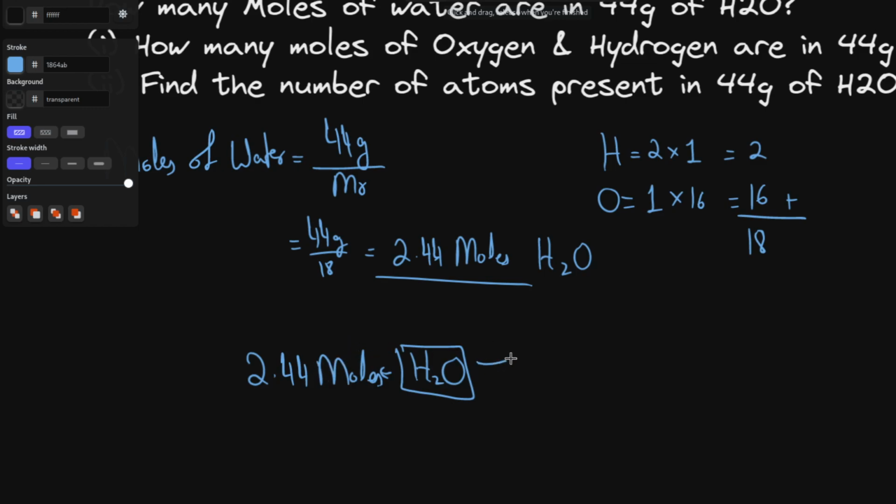So if we divide this into what atoms are making this amount of H2O, then we will get two hydrogens and one oxygen. So basically, that means that if we're talking about a single particle of H2O, then that single particle will have two hydrogens and one oxygen.